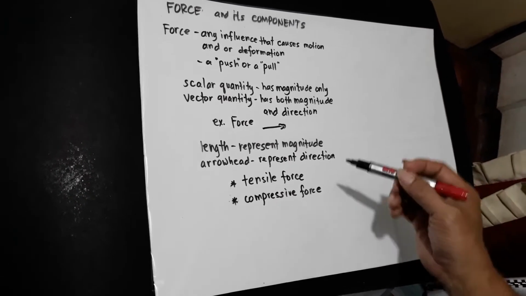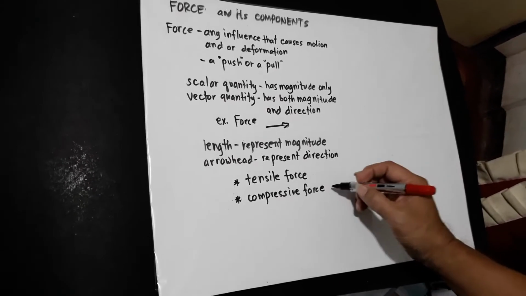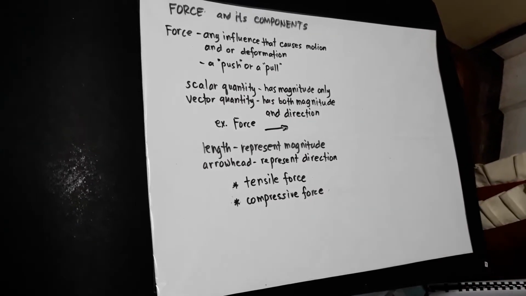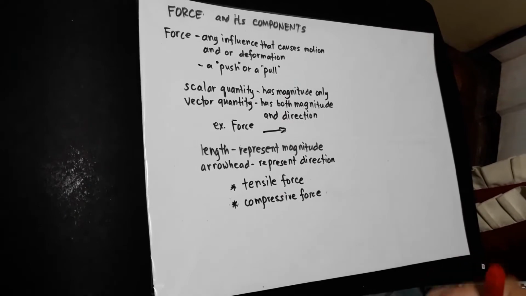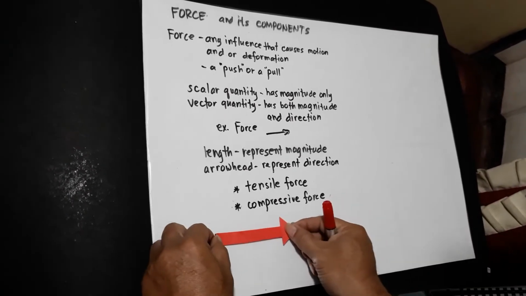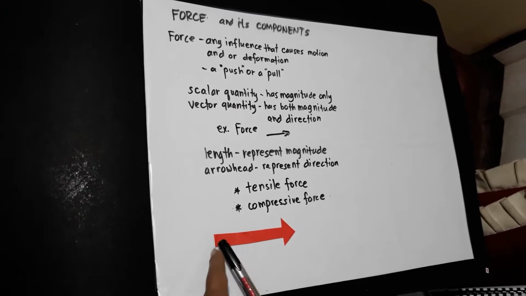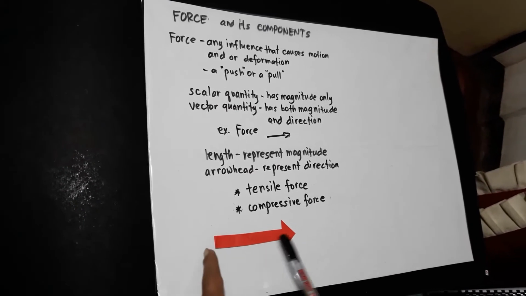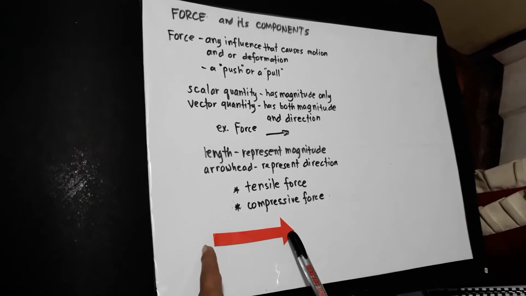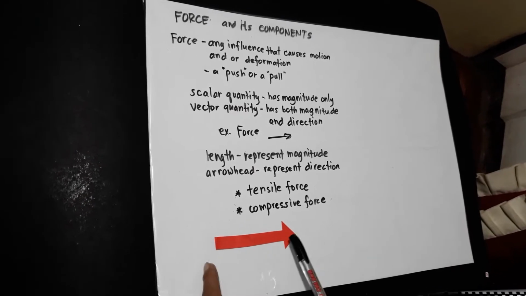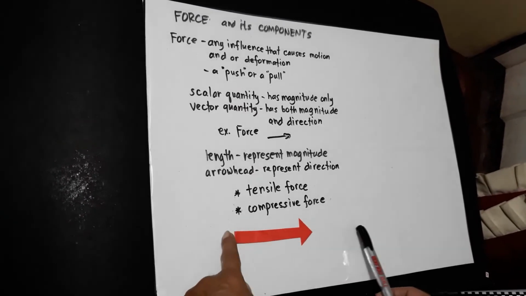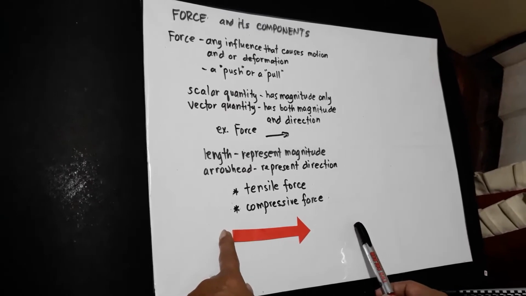So the force can be tensile force or compressive force. To illustrate, I want you to observe this red arrow. This red arrow has a certain length, and the length of the arrow would represent the magnitude of the force. So if this length is longer, it means that it has a greater force.